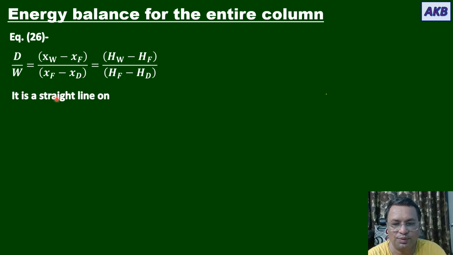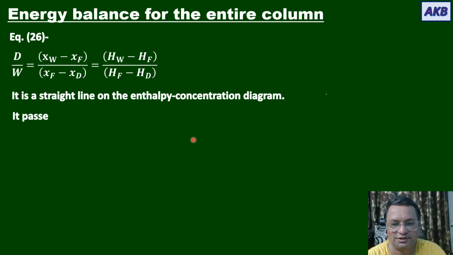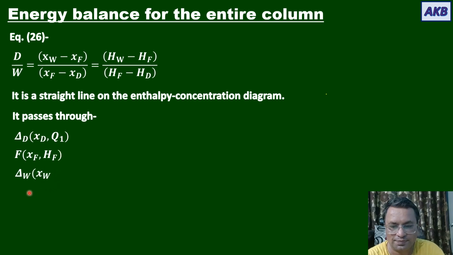So equation 26 is a straight line on the enthalpy concentration diagram, and it passes through 3 points. Which are these 3 points? It passes through delta D, which was understood earlier, with coordinates of XD and Q1, then F, which has coordinates of XF and HF, and delta W, which was again understood earlier, with coordinates of XW and Q2.